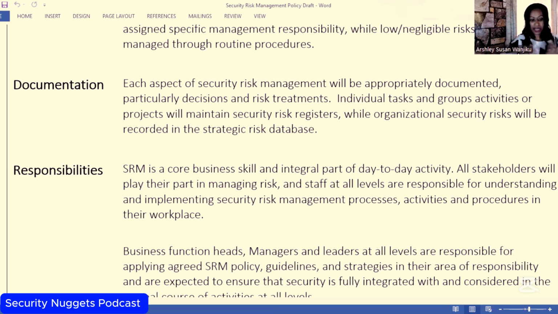All right. And finally, responsibilities. Okay. Security risk management is a core business skill and integral part of day-to-day activity. All stakeholders will play their part in managing risk, and staff at all levels are responsible for understanding and implementing security risk management practices, activities, and procedures in their workplace.